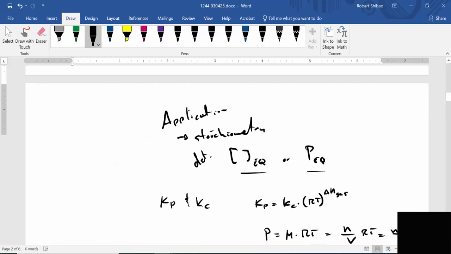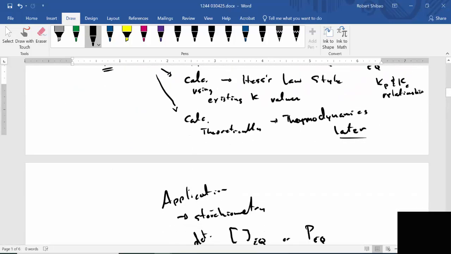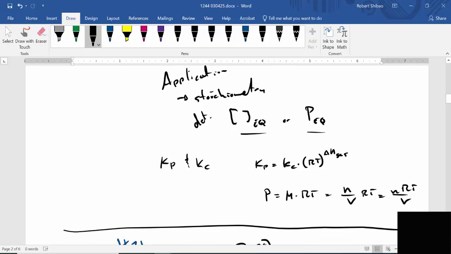I should add that up here. When we're doing these, we always calculate Q as well, but not always. Q tells us direction of change. Q is the initial products over the initial reactants raised to their respective power.